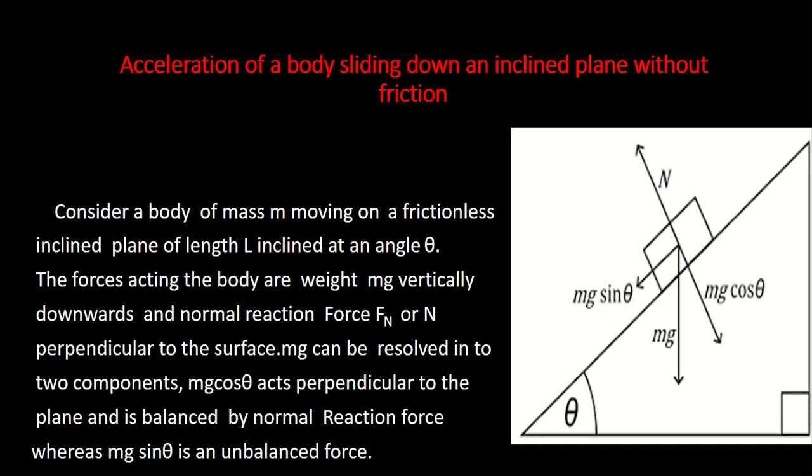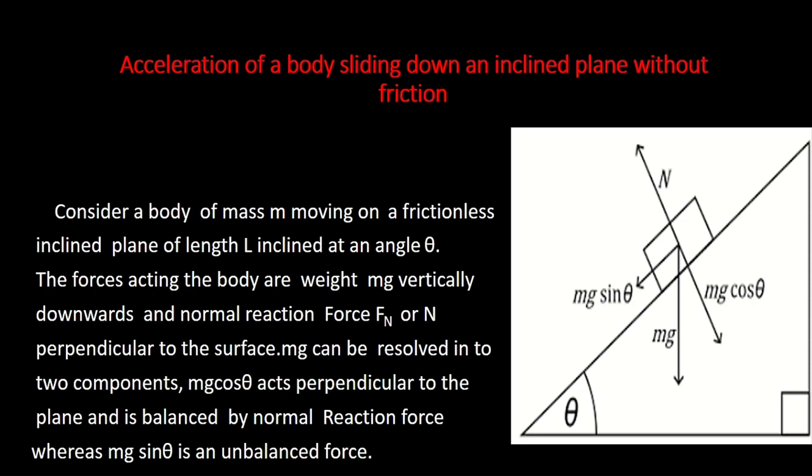The weight of the object, mg, can be resolved into two components. One is mg cos theta, which is perpendicular to the surface, and another one is mg sin theta, which is parallel to the inclined plane.